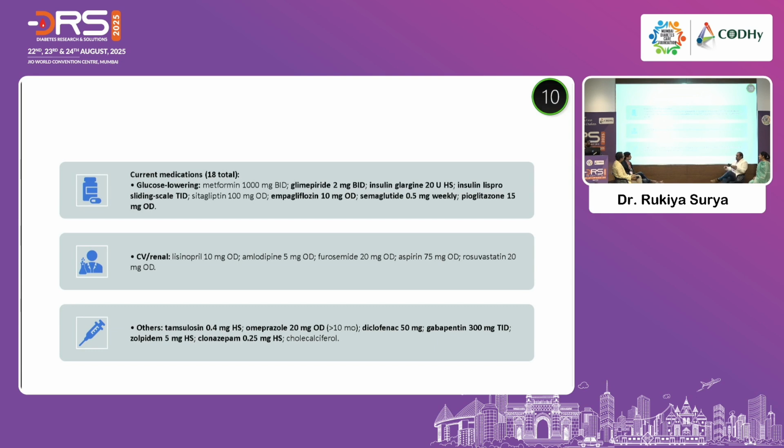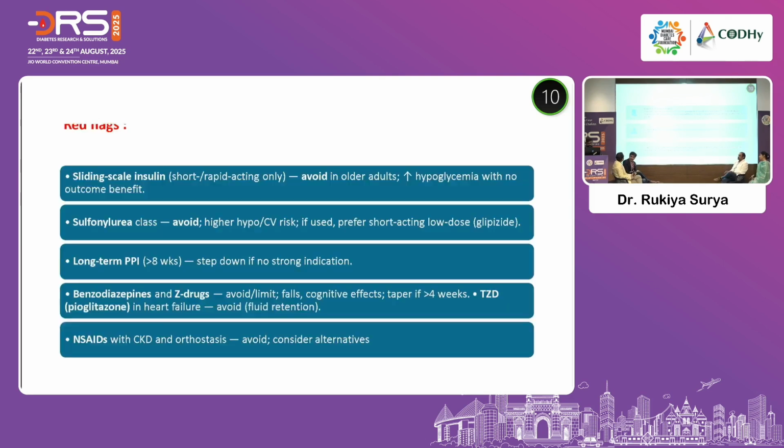So next, Dr. Daman, you want to add something? For example, we have n number of red flags for this patient: sliding scale insulin is being followed, sulfonylurea, he's getting severe hypoglycemic episodes, long-term PPI. That is one area we want to mention. Once we prescribe a PPI, the patient tends to continue it for a lifetime.